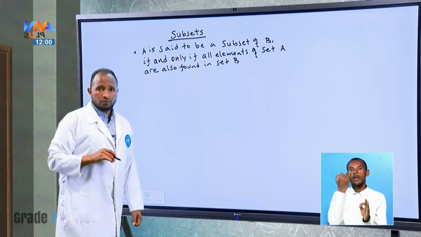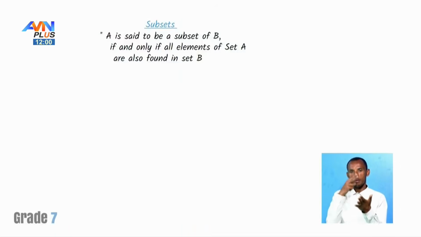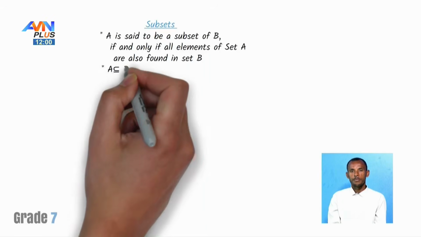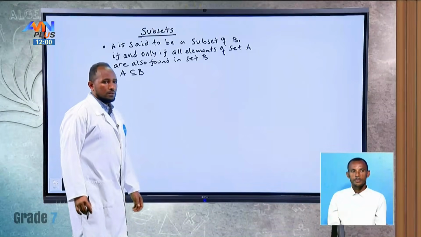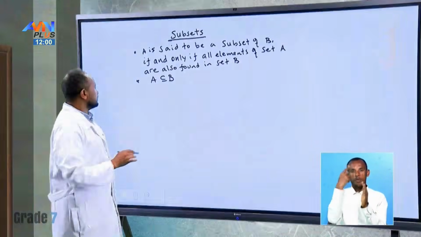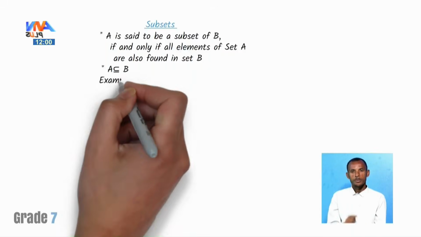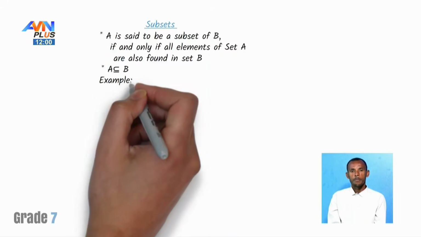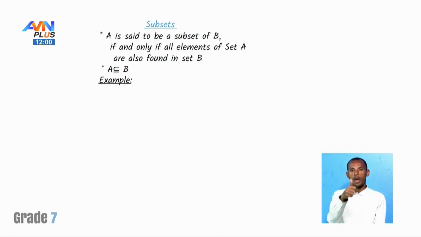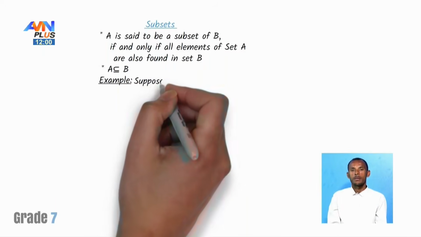If A is a subset of B, symbolically we write in this form. Okay? Now, let's see an example for this concept. Suppose set A contains the elements 1 and 2.